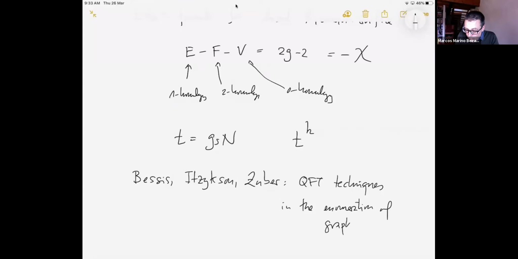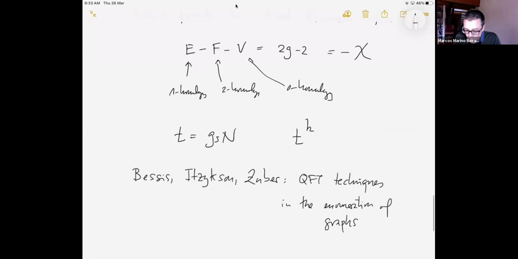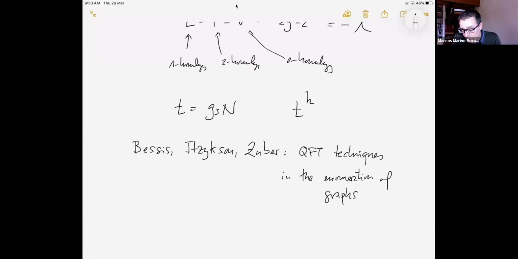which makes manifest that you can use these ideas of quantum field theory. After all, our way of approaching the matrix models was the quantum field theory approach, in which we thought about these matrix models as perturbations of a Gaussian theory, and this leads automatically to a theory of Feynman diagrams.